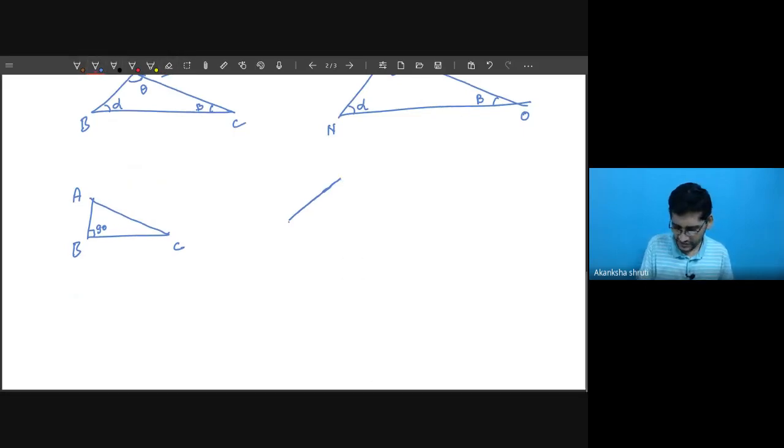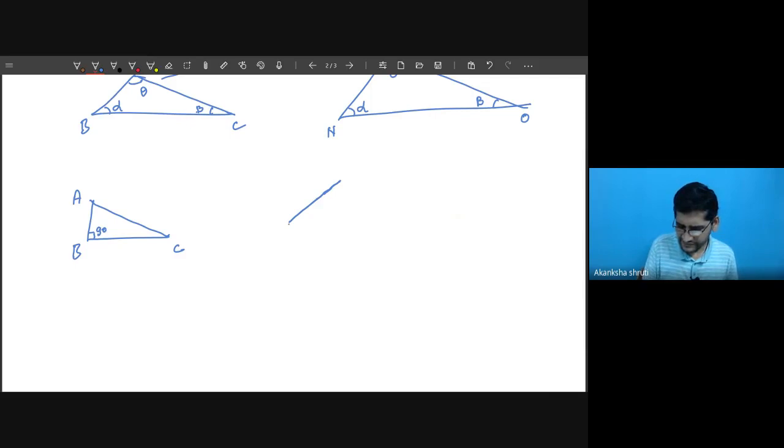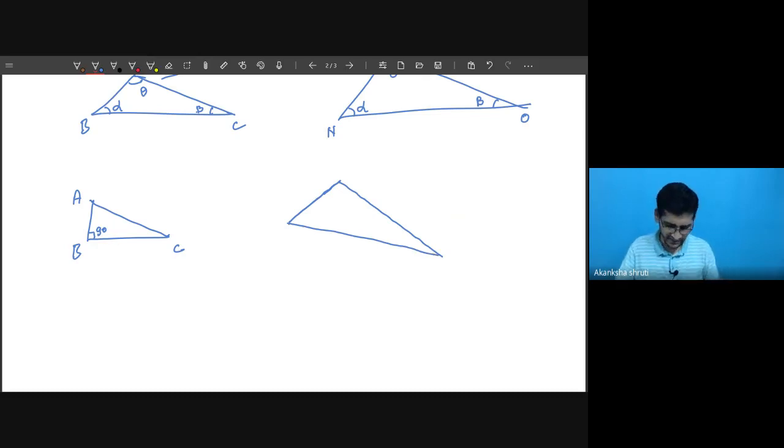So draw the 90 degrees. In this case, consider this as PQR. In this case, this is our 90 degrees.